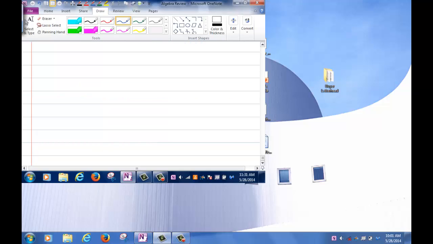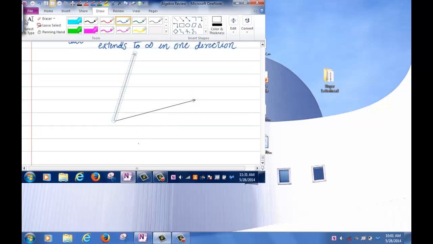Now, what is an angle? An angle is basically two rays with the same tail. Okay, so if I have let's say one ray, and then if I have another ray, and they have the same tail, okay? So two rays with the same tail, they form an angle, okay?